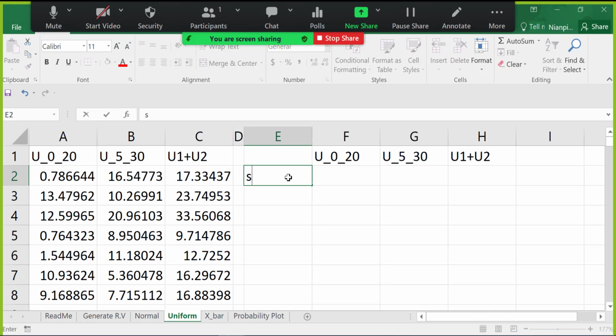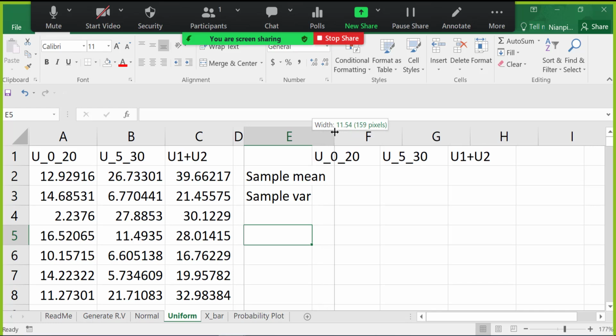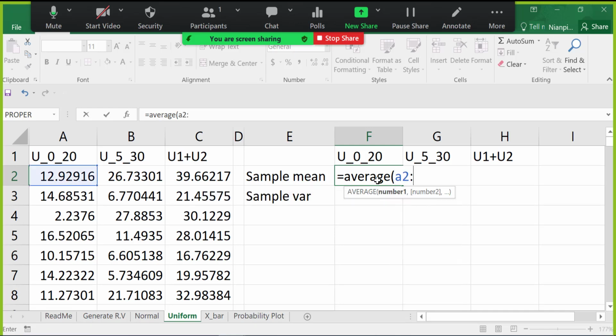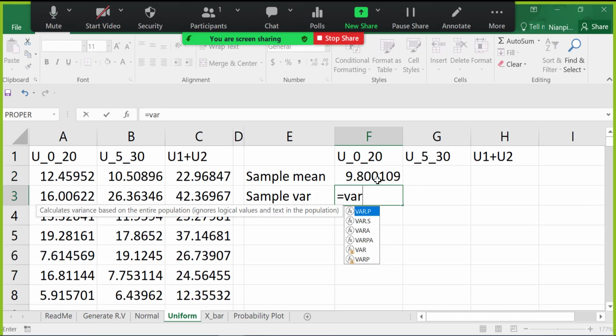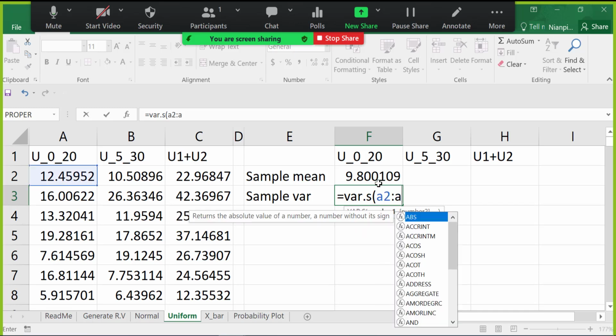So we call it sample mean, or sample variance. Okay. So this is sample mean, we can use average, right? From A2 to A2001. And the variance, we use the sample variance from A2 to A2001. Okay.